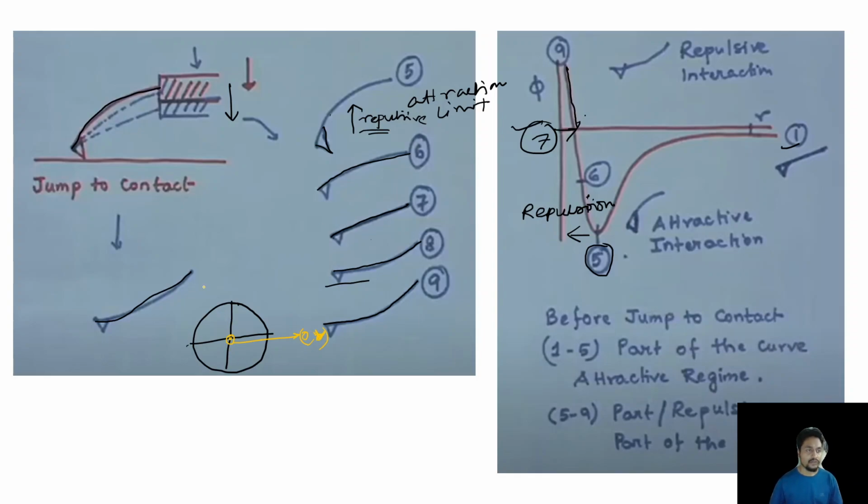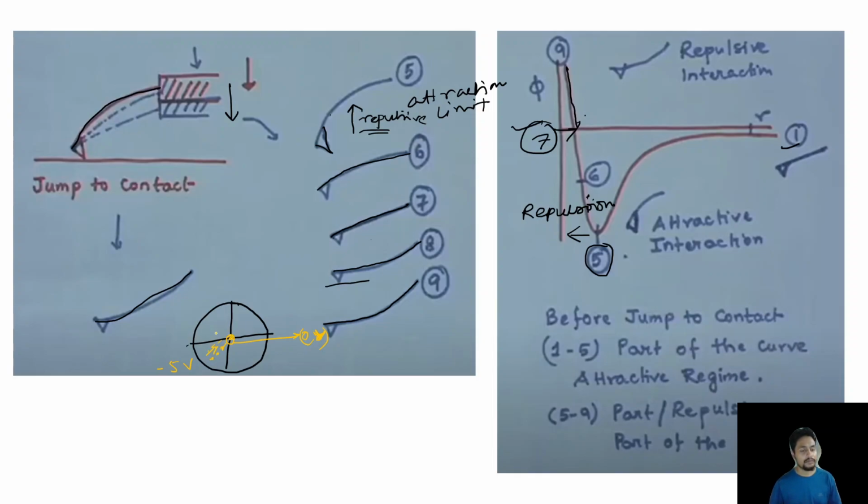Now, whenever the attraction is there, it is moving towards this, like 2, 3, 4, 5. After 5, this is the most negative voltage position because this is the highest attraction. After that, whenever we decrease the distance, it will again move toward the positive voltage, in this direction.